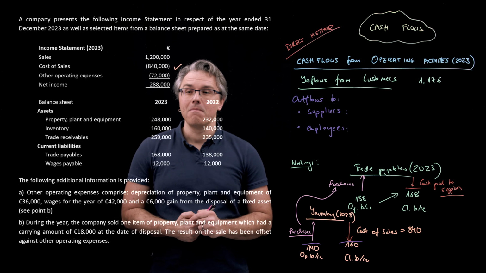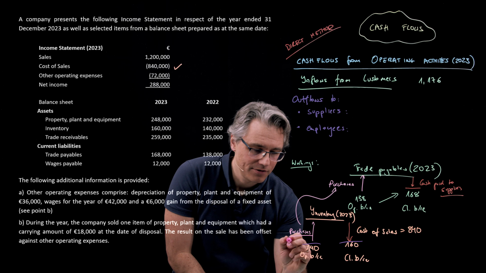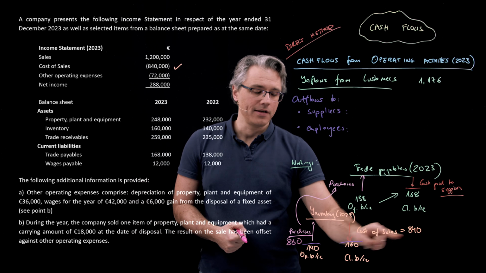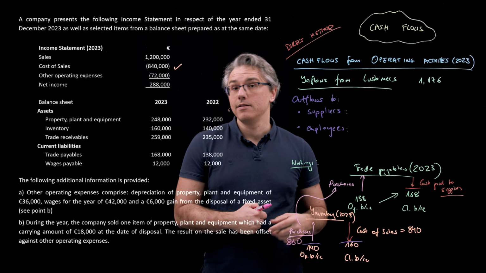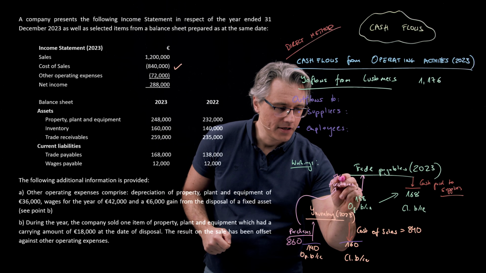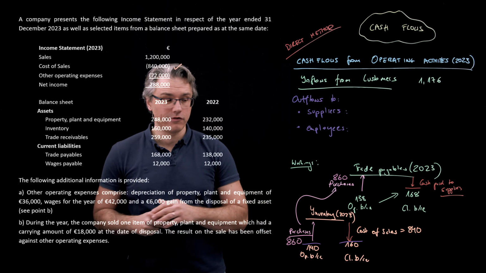So purchases must have been 860. There's no other way to sell goods worth 840 and still experience growth of 20 within inventory. So 860 gets transferred over here. This is the value of the goods which we bought from our suppliers.